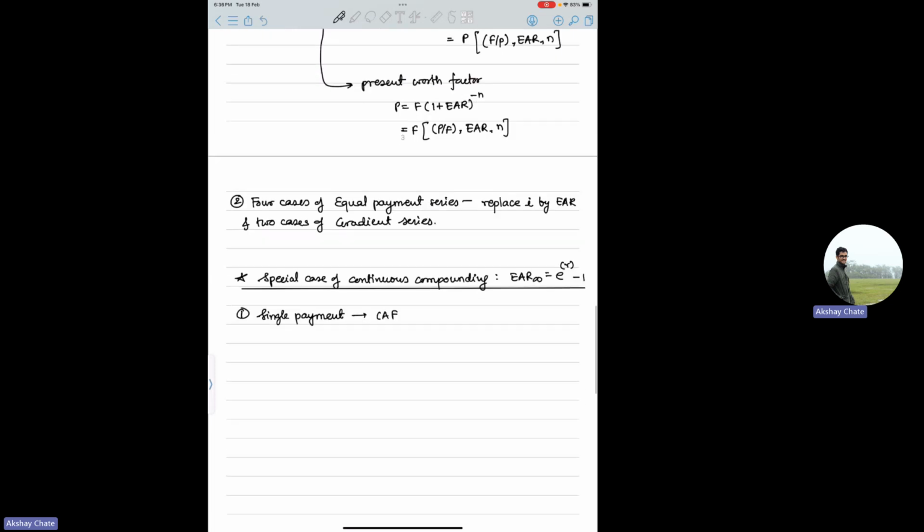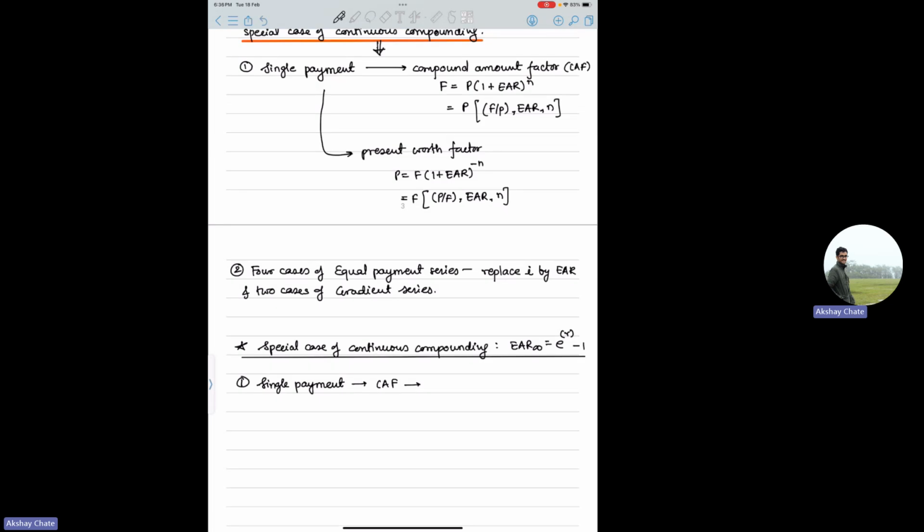Okay. So here, the formula is nothing but F equal to P into 1 plus EAR infinity power n, right? Then you have to put e power r minus 1 in this place. So you'll get F equal to P into e to the power nr, right? Because r and n will get multiplied.